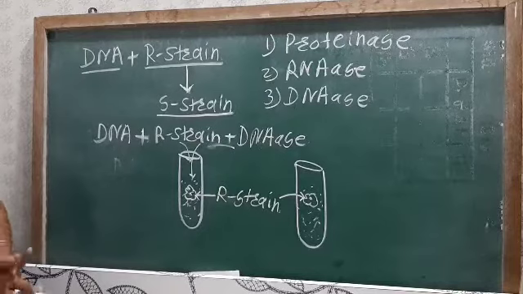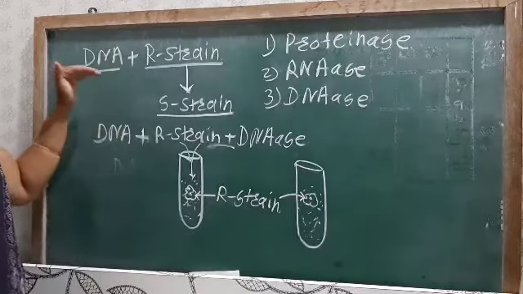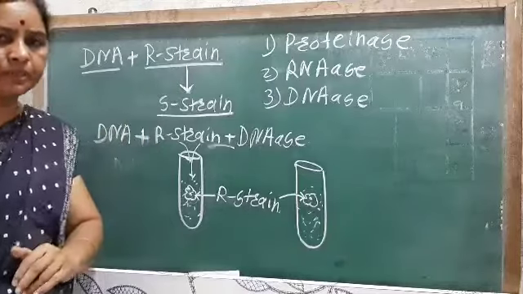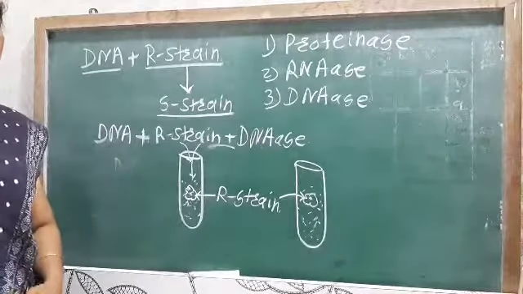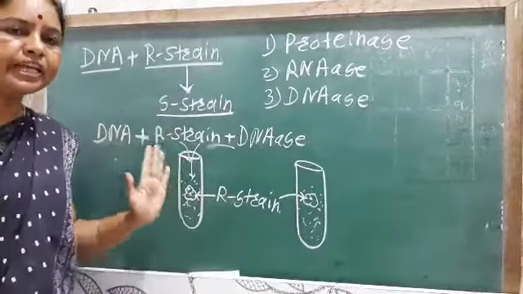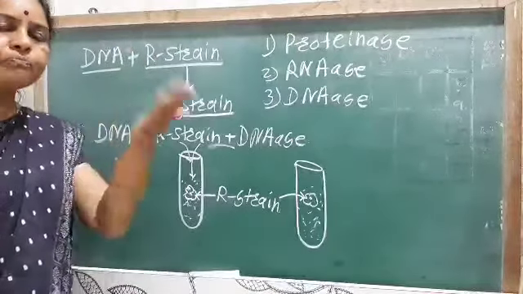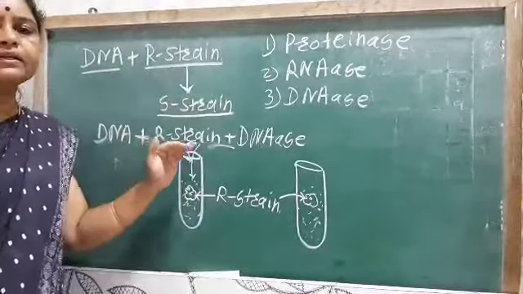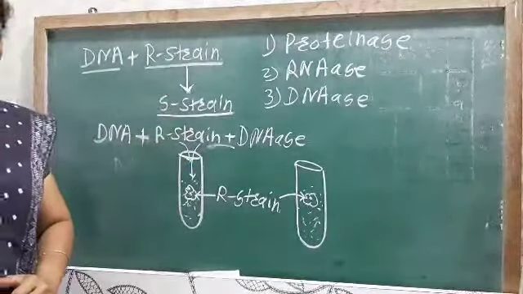The transforming principle, as Griffith said, is something that transfers from the heat killed S type bacteria to the R type, due to which the R strain gets transformed into the S strain.